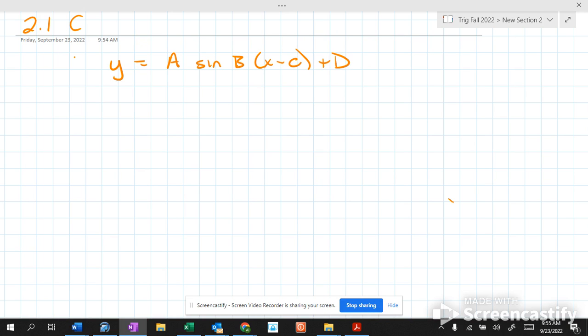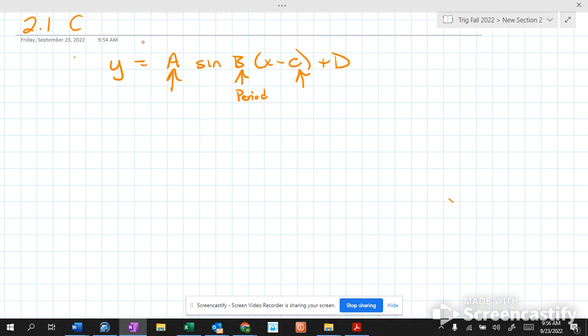There we go. A stands for amplitude. Okay, that's a stretch and shrink up and down. B is period. We're not going to work with period until next week. C is phase shift left or right.